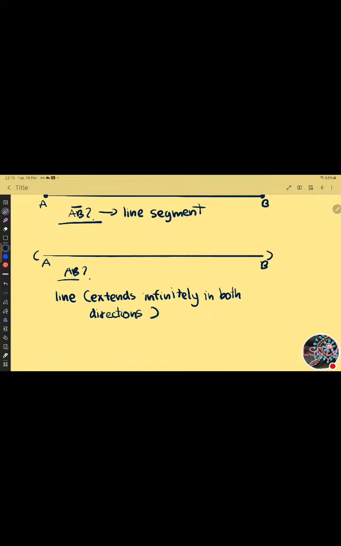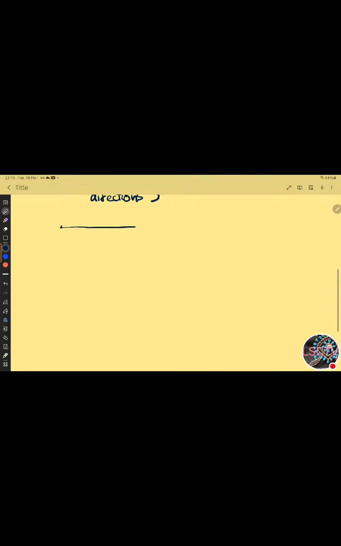So, now, what is this called? This is called a ray. A ray extends infinitely in one direction.